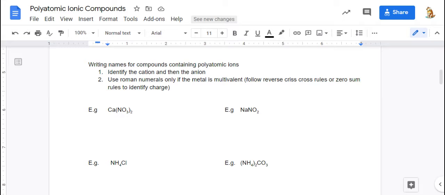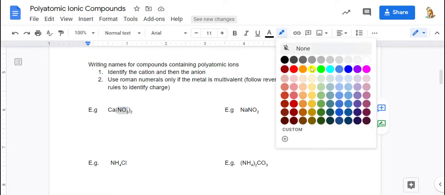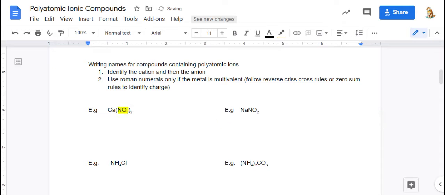Ca(NO3)2. What you want to do when you see a formula is to identify right off the bat what is the polyatomic ion. So here we have NO3, and we know the first element is calcium, and NO3 is the most common ion for nitrogen, so it's nitrate, calcium nitrate.